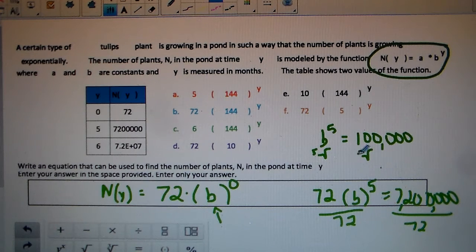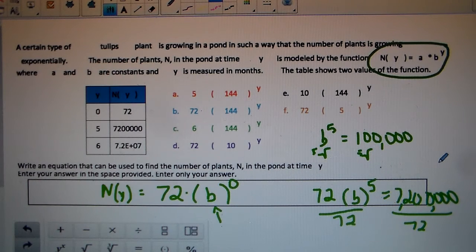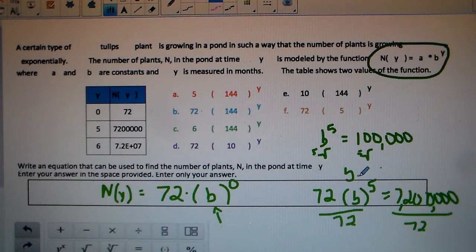So you take the 5th root of 100,000, and we put that in the calculator. I bet that comes out to a nice pretty 10, but we'll double check. So we do 5, then hit the math button, scroll down to number 5, the x root. So that's the 5th root of 100,000. Hit enter on the calculator and we get 10. So b is equal to 10.